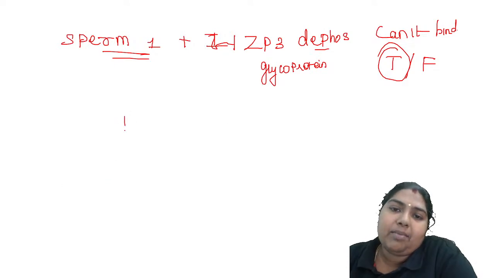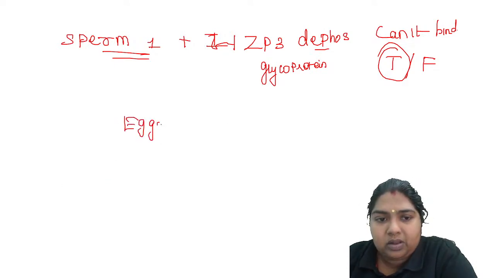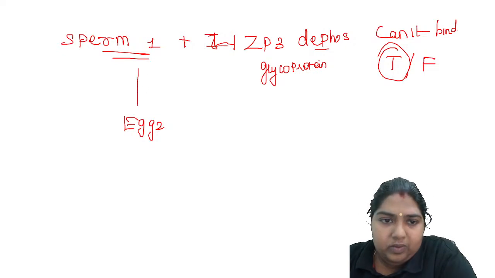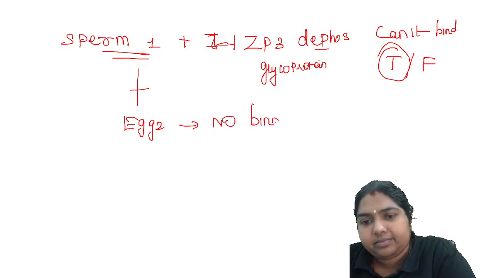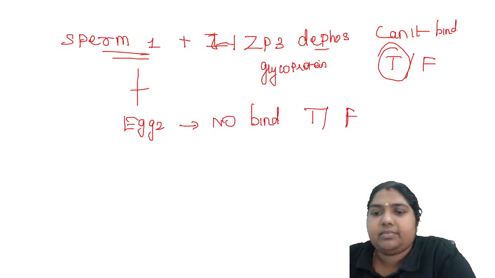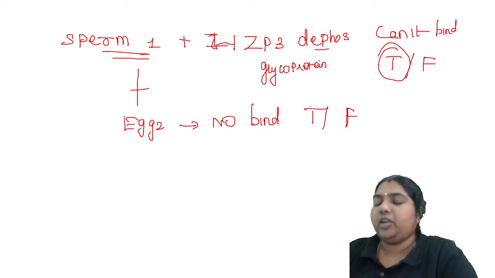Now I am adding this egg 2. With this egg 2, will this sperm 1 bind? I am saying it is not binding. How many of you say it is right?